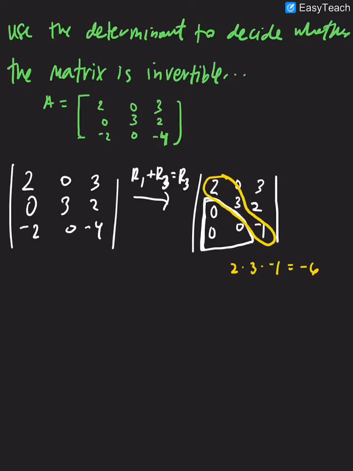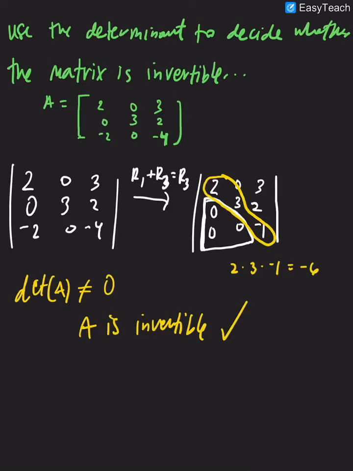And since the determinant of A does not equal 0, because it equals negative 6, that means that A is invertible. So we did that.